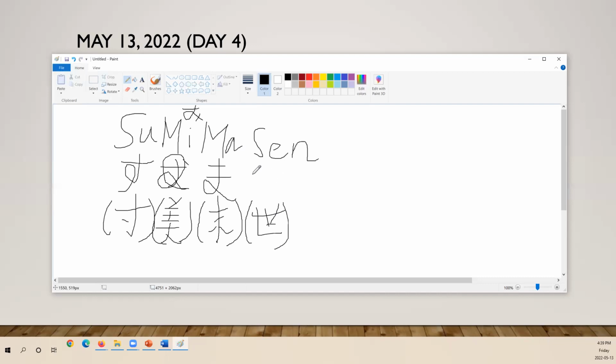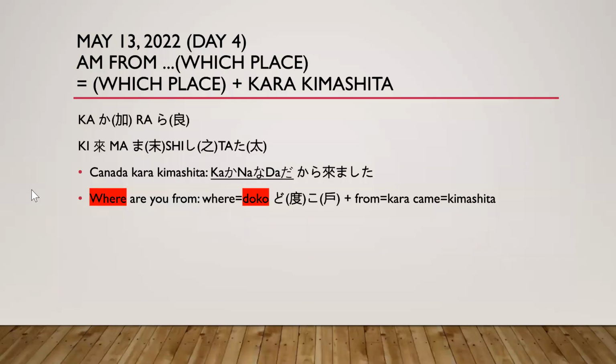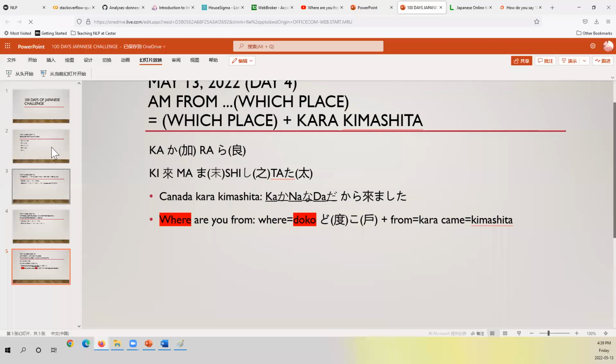And this one is actually, I remember, not that different. Something like this, I think. Yeah, I have to check. And then this one is just this. So sumimasen. So we can take a look at whether we got it right actually.